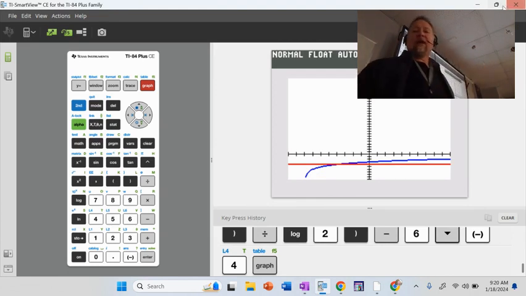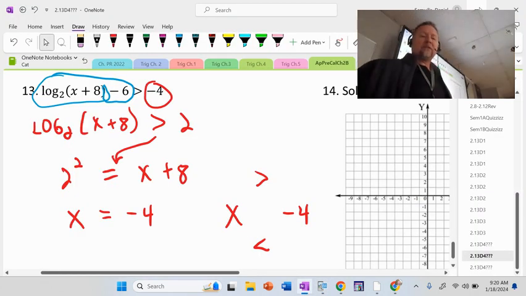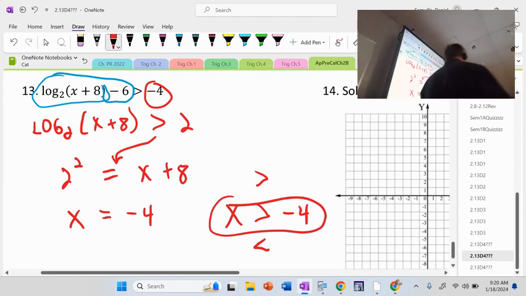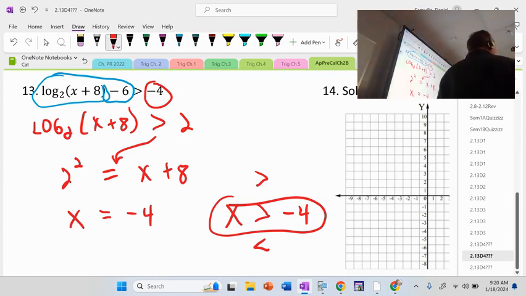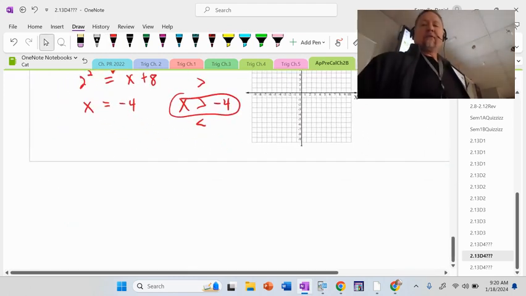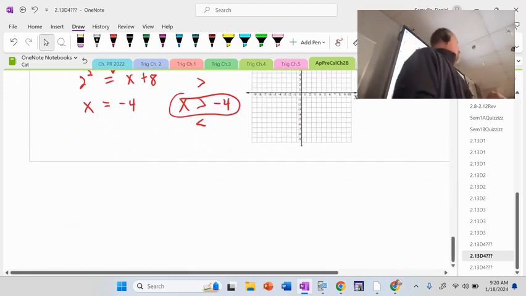All right, so this is how the graphing calculator can help you solve an inequality. X is greater than -4. Okay, I probably could have done that by hand because this graph ended up being a nice number where they intersect, but we'll just leave it at that, we could use the grapher. Okay, good. I think that's good enough.